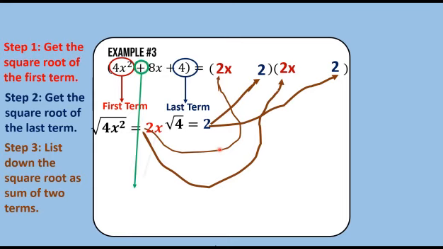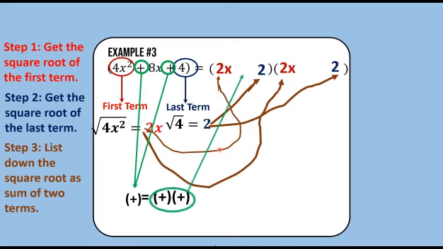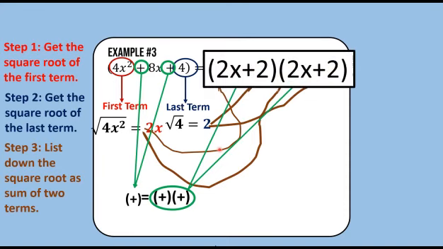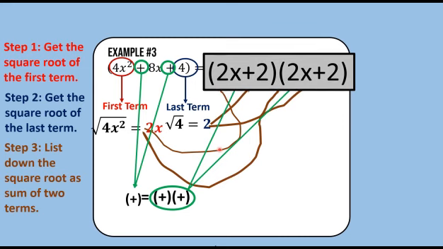Again, we can see that both operations in our example are positive. Therefore, we are going to use the signs positive and positive on both parentheses, here and here. So therefore, the factors of 4x squared plus 8x plus 4 is the quantity of 2x plus 2 times the quantity of 2x plus 2.